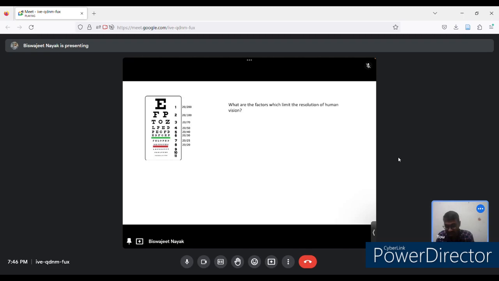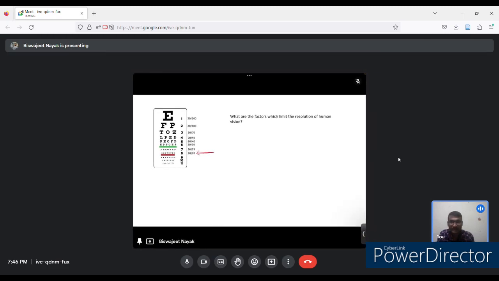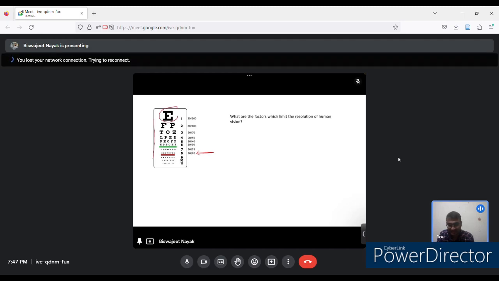For a normal vision to be characterized, 20 by 20 is considered as normal vision. Every letter's size depends on the size of this E, and this big E is standardized and given as 88.